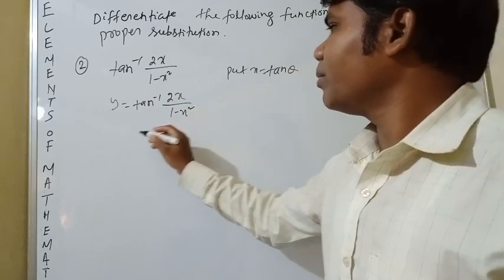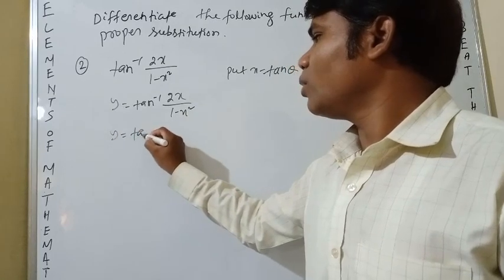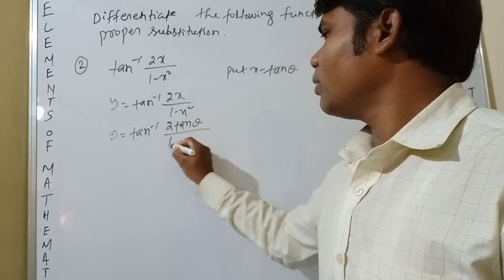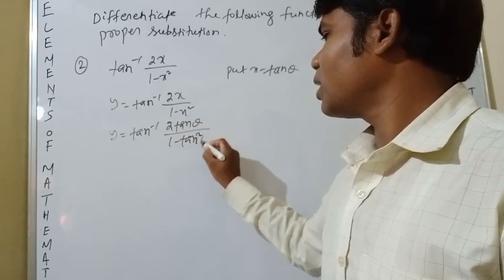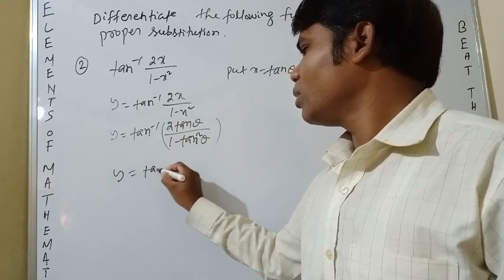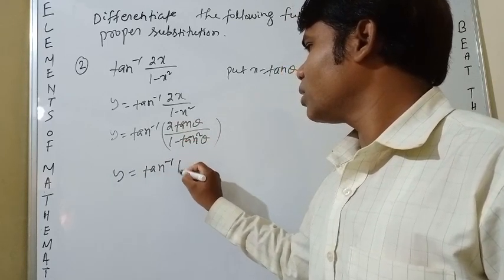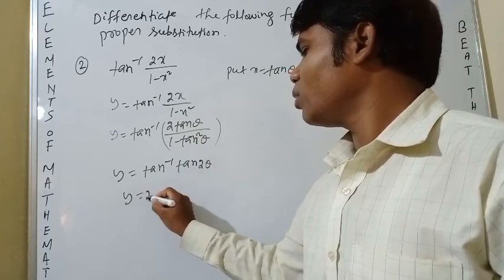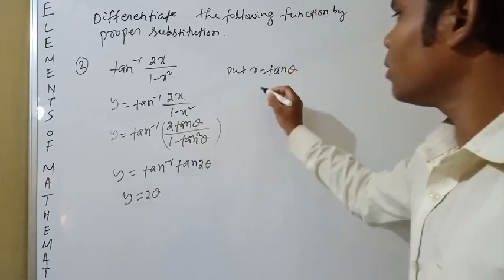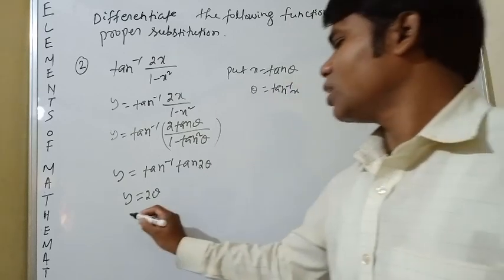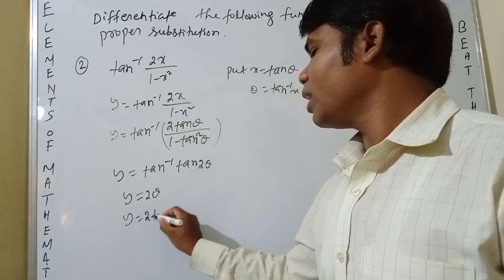So this becomes y is equal to tan inverse 2 tan theta by 1 minus tan square theta. Y is equal to tan inverse tan 2 theta. Y is equal to 2 theta. You know theta is equal to tan inverse x. So y is equal to 2 tan inverse x.